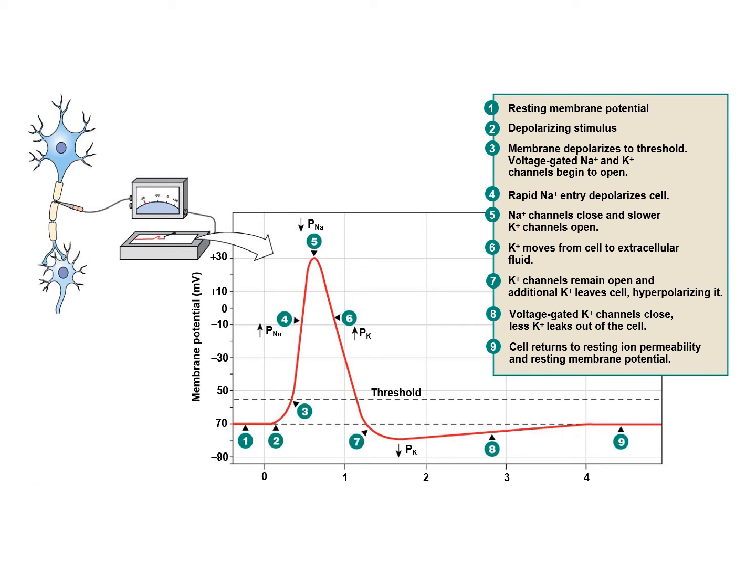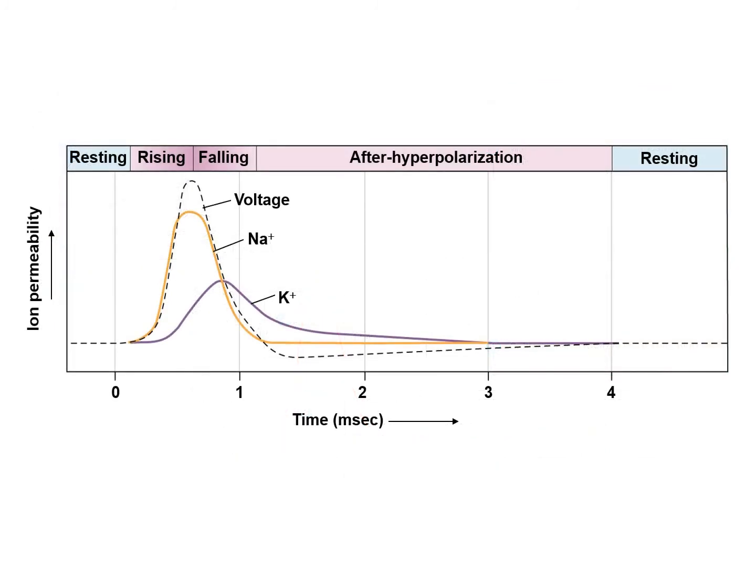But the channels are doing something all the time, and so we have to add that layer of complexity to it. I have mixed feelings about this figure because it's showing you overall voltage and it's showing you relative permeability of each ion. What it's trying to do is showing you that during the rising phase, it's sodium permeability that's going on. And we peak out and then we close those inactivation gates and the sodium permeability falls.